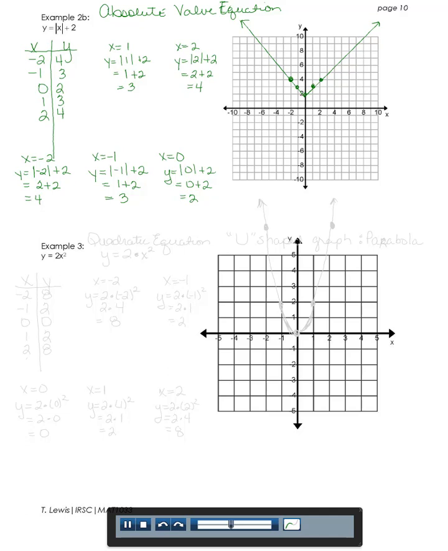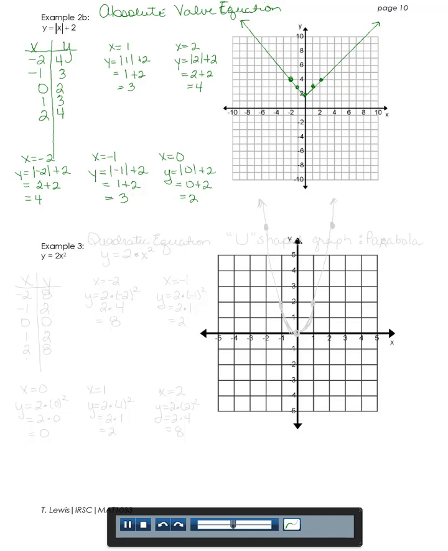Yes, it is very safe to say that whenever you see an absolute value equation, it will be a V-shaped graph. Okay? Yes, ma'am. All the absolute value equations are going to be non-linear. Yes, you are right. All absolute value equations will be non-linear because it's not a straight line. Remember, we want a straight line for it to be linear. Okay?